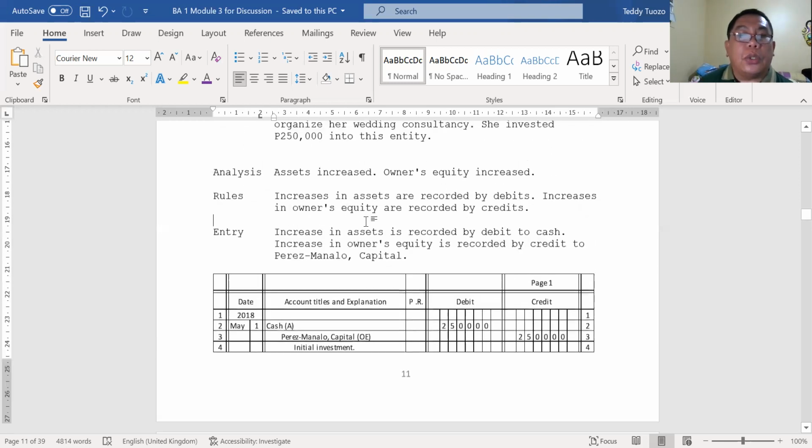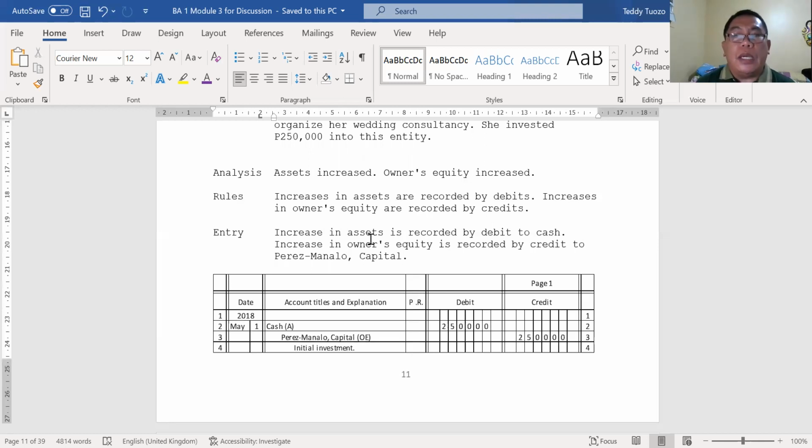Okay. So rules: increases in assets are recorded by debits. Remember that the normal balance of assets is a debit, so since cash increased, the entry to cash is a debit entry.